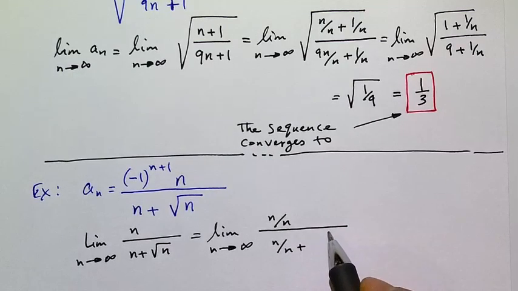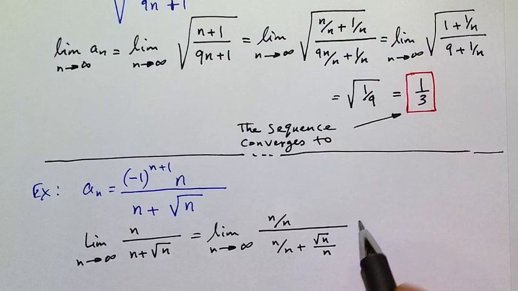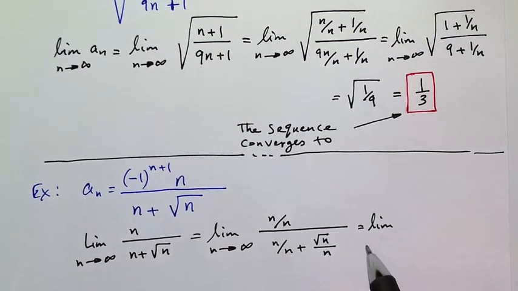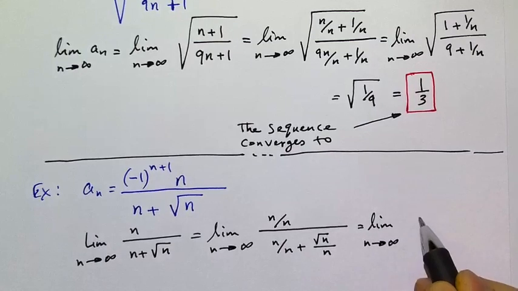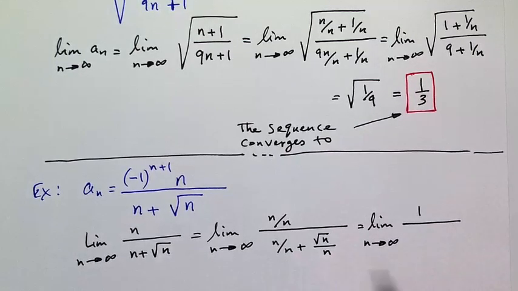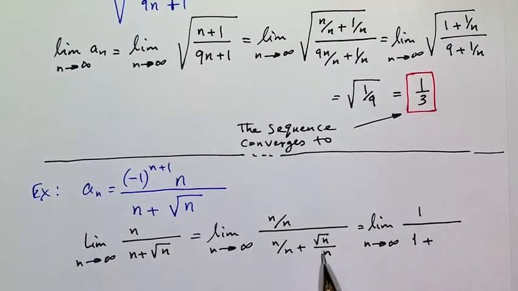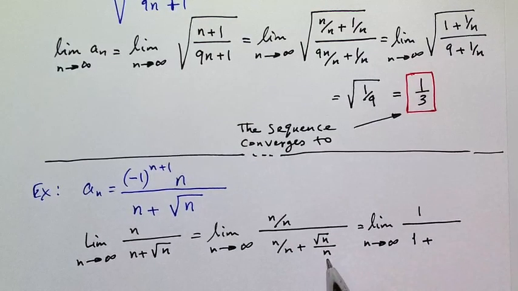And that would be this divided by n as well. And then after simplifying, as n goes to infinity, we have 1 over 1 plus, simplifying this, we get 1 over square root of n, right?